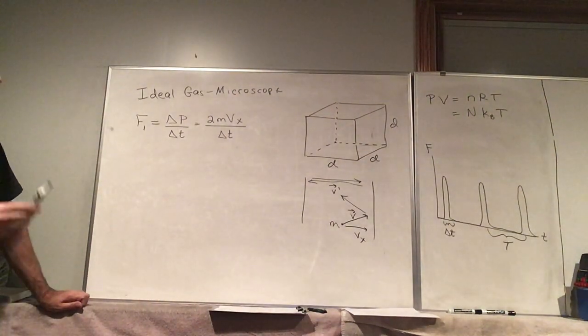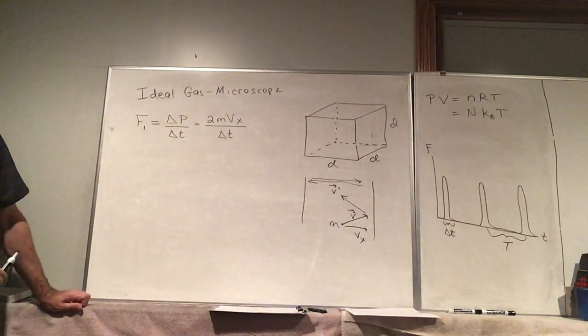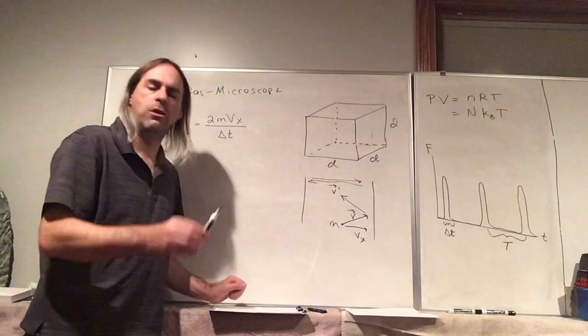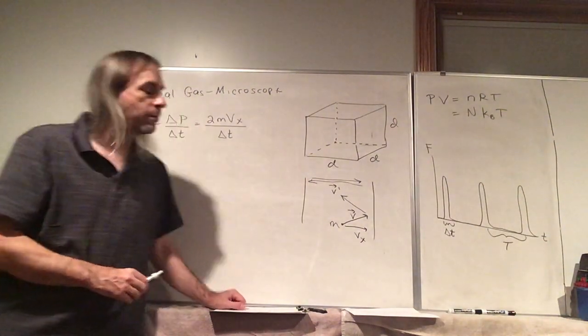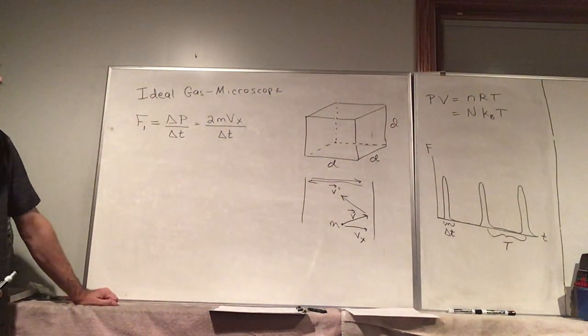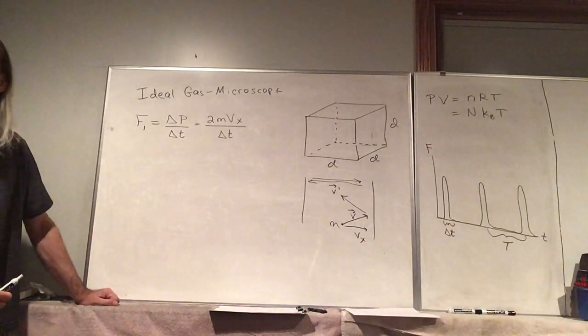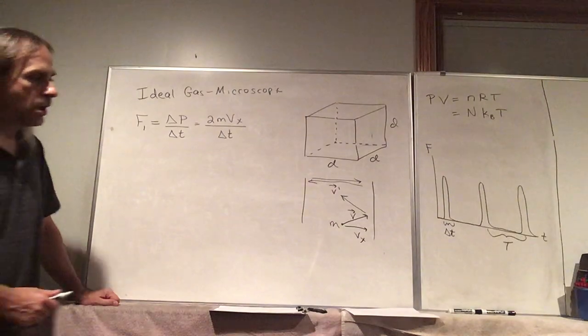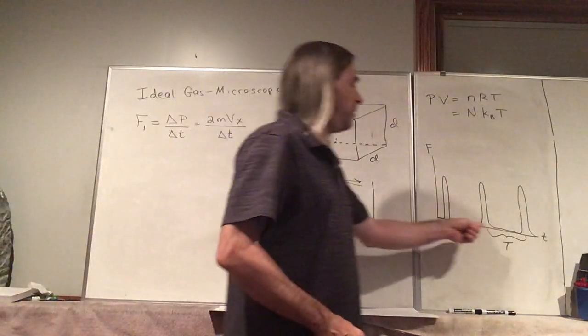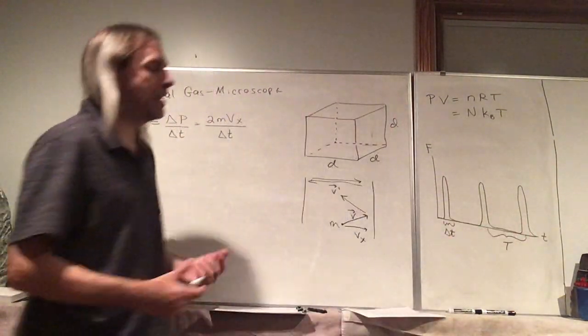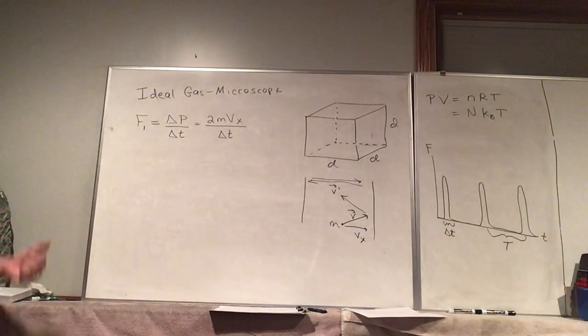All right, so this is a very irregular force. If we're just looking at a single molecule, it's bouncing around. And what we want to do is define a long-term average of this force. We can take the average over one period, the back and forth time.